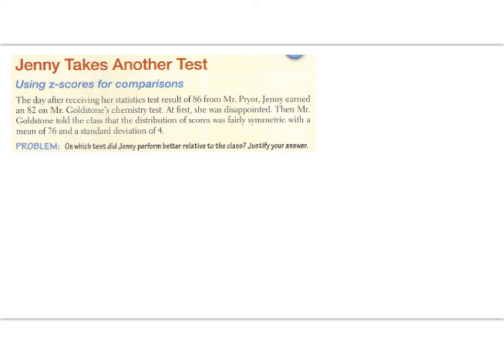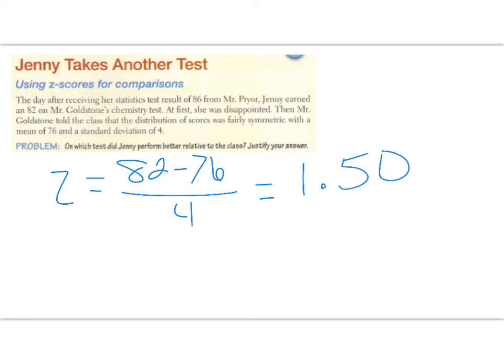Again, we want to know relative to our class. So if we standardize Jenny's score on this chemistry test, if we figure out how far away from the mean she was in standard deviations for this test, we get a z-score of her on her chemistry test of a 1.50.